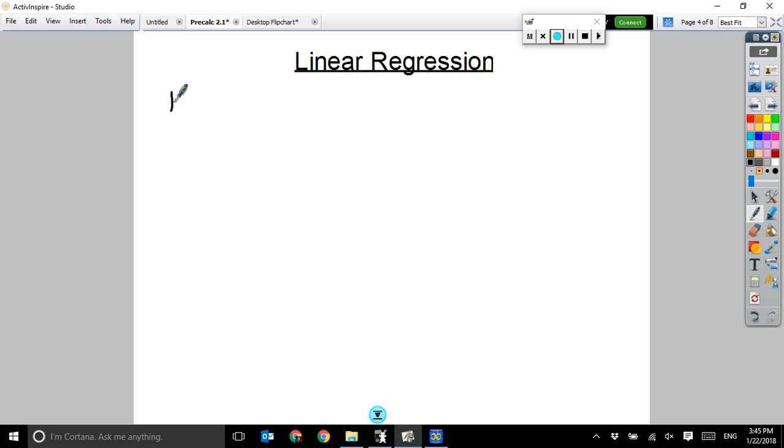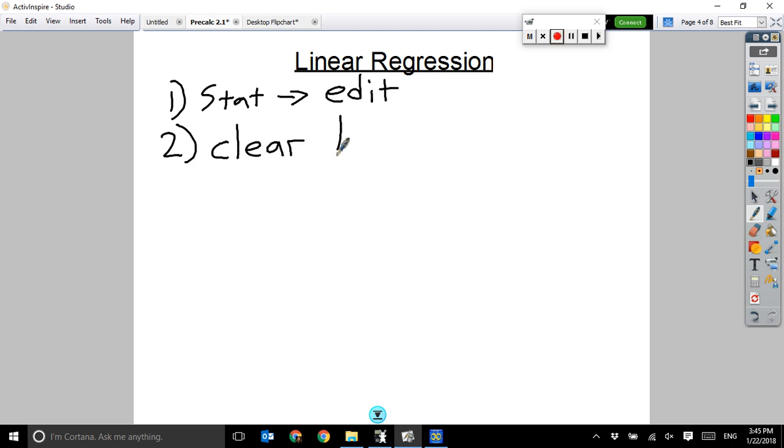So step 1, you're going to go to Stat, and then the very first thing on the list should say Edit. Number 2 on the list is you're going to clear out L1 and L2.